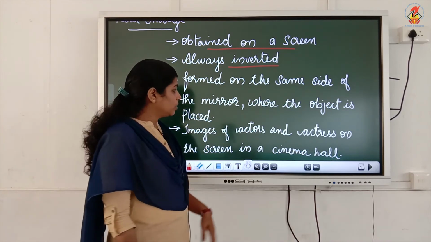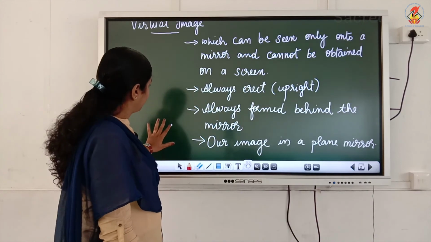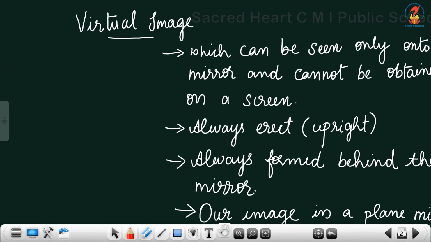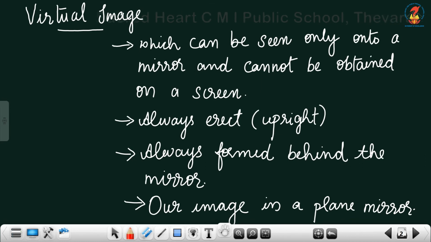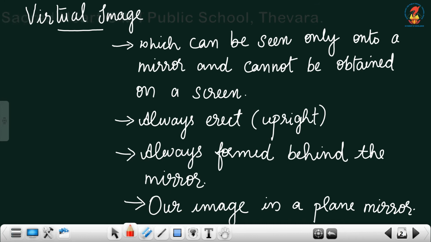Now, virtual image. A virtual image can be seen only in a mirror. We cannot obtain it on the screen.